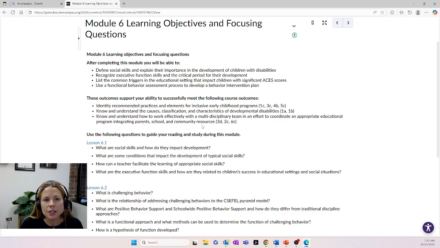List the common triggers in the educational setting that may impact children with significant scores or ACEs scores, which you will be learning about. And then we're going to learn how to use a functional behavioral assessment and that whole process to help us develop an intervention plan. So these are really our module objectives that are going to help meet our course outcomes.